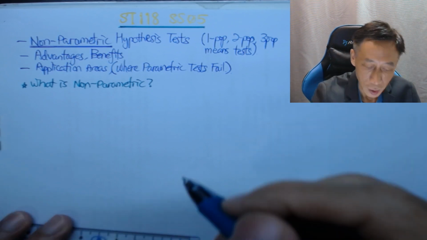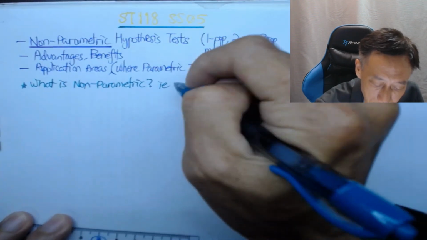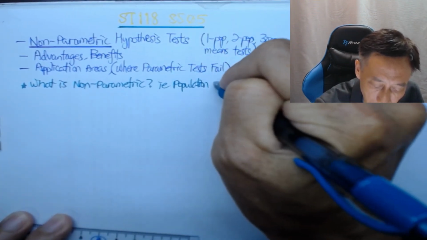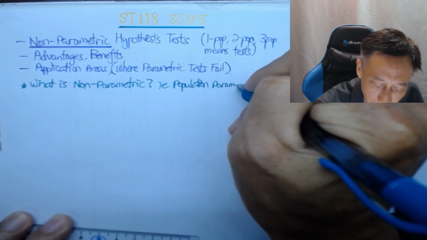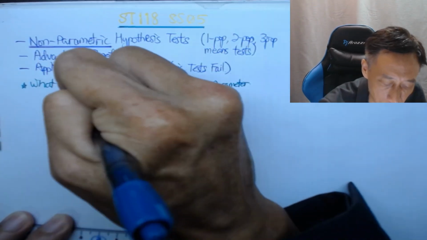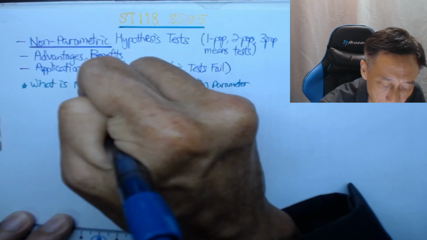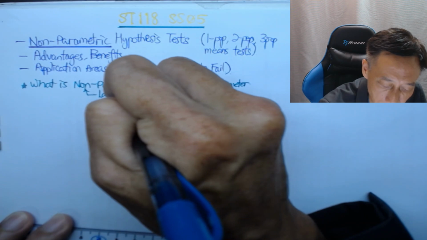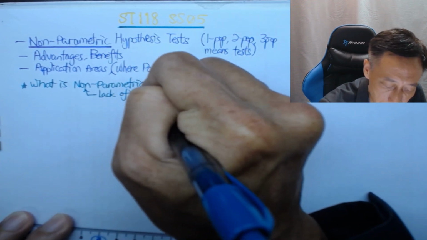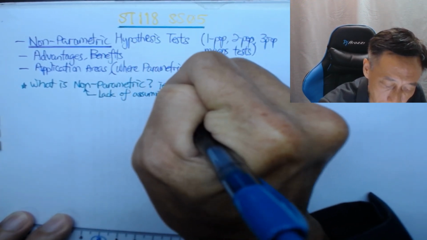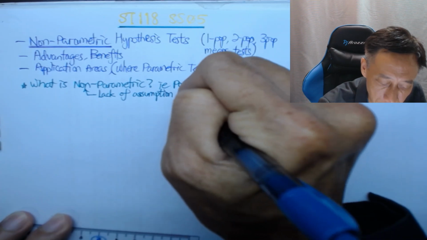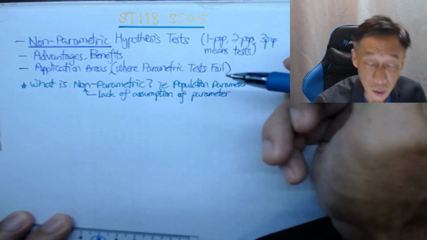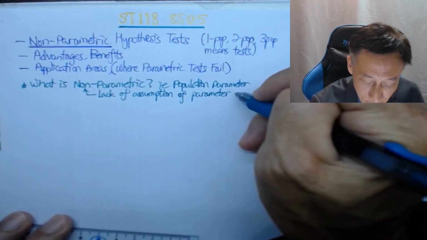It is the population parameter. So the non part refers to the lack of, or the removal of, assumption of parameters. So what are parameters? The population values, right?